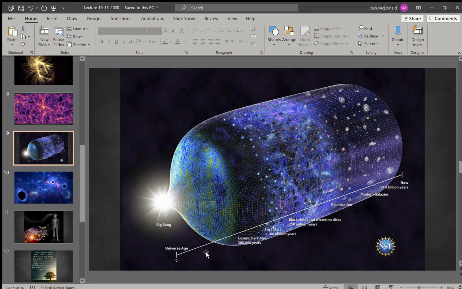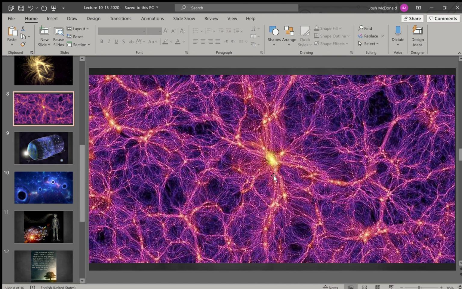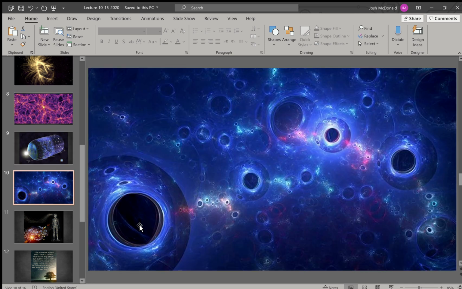Here's a timeline of our universe, thought to be about 13.8 billion years old, but maybe 9 to 10%, maybe less, of the actual universe is made up of visible matter, visible energy, and the rest of it is thought to be made of dark matter, dark energy. All of these voids that you see in here only represent a fraction of the universe. So there's more than we can possibly understand.